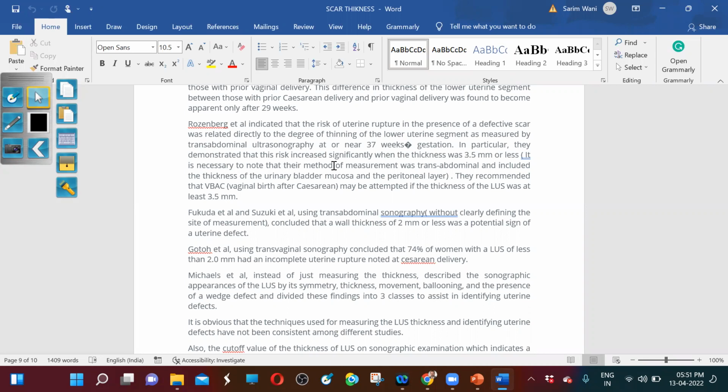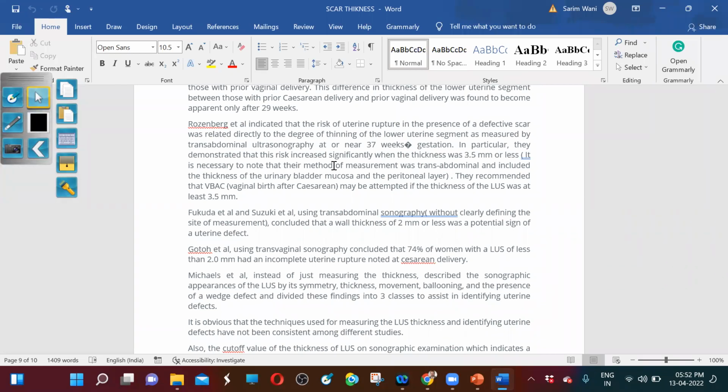Please focus for 10 seconds only. Even 2 is normal. But when you are labeling 2, you are labeling the myometrium only. And if you are taking the wall also, then even 3 and 4 are not normal.